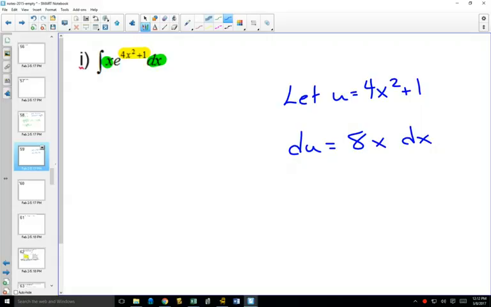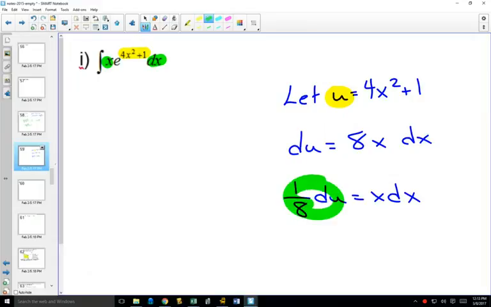So we divide the other side by 8, which is the same as multiplying by 1/8. And that is what will replace the green in our function. So now the yellow is going to get replaced by u, and the green is going to get replaced by 1/8 du.